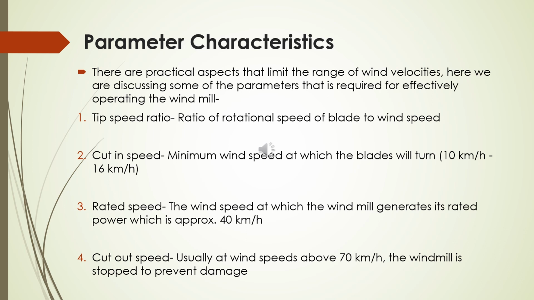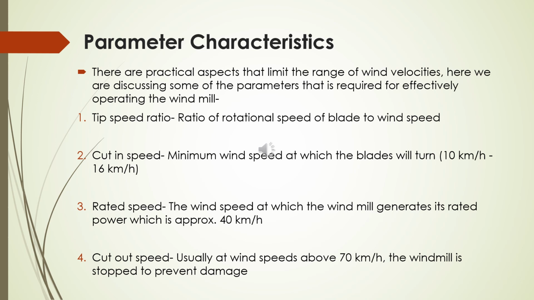Third one is rated speed. It is the wind speed at which the windmill generates its rated power, which is approx 40 km per hour. This is the optimal value at which the windmill is capable to generate its rated power. And the last and important point is cut out speed.